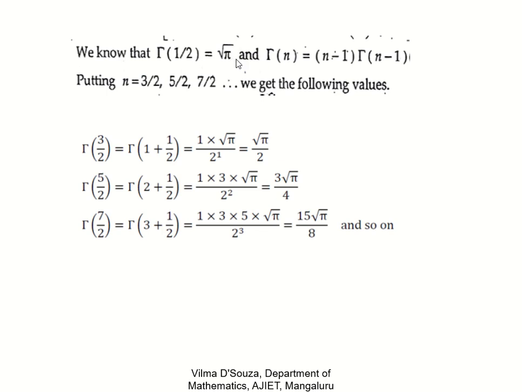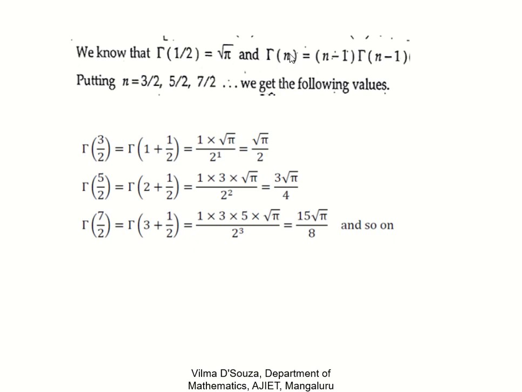Gamma half is root pi, and also the recurrence relation for gamma function is gamma n equal to n minus 1 into gamma n minus 1. So from this, what is gamma 3 by 2? Gamma 3 by 2 is n minus 1, 3 by 2 minus 1, half, into gamma half. Half into gamma half is half into root pi. What is gamma 5 by 2?